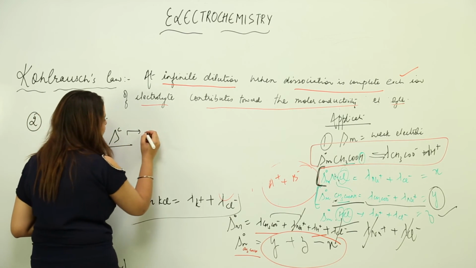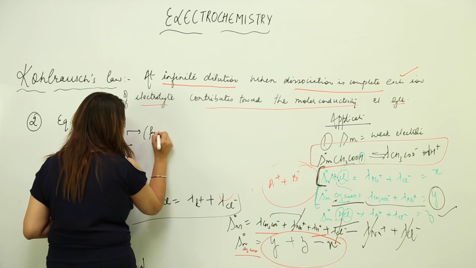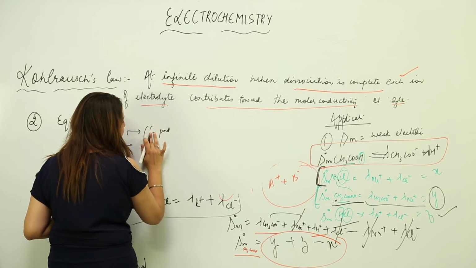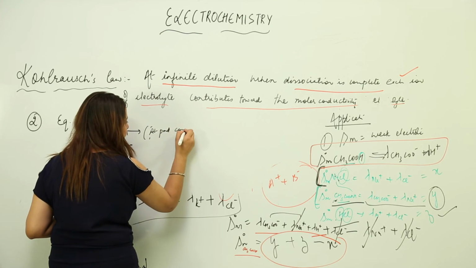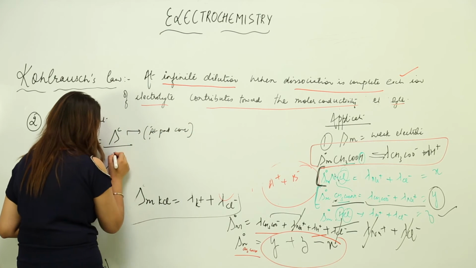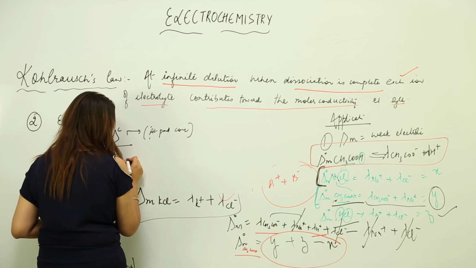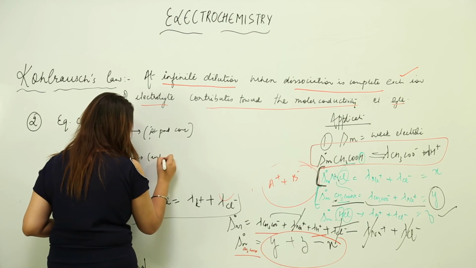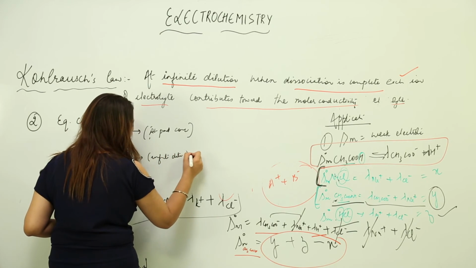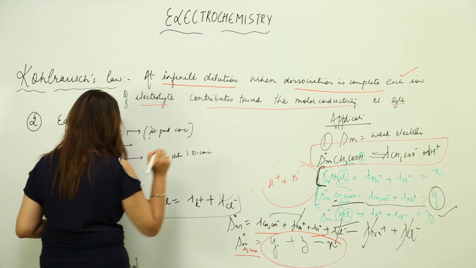It is the conductivity for a particular concentration, right, and this is going to be lambda naught, that is the conductivity at infinite dilution or at zero concentration. We can write either of.